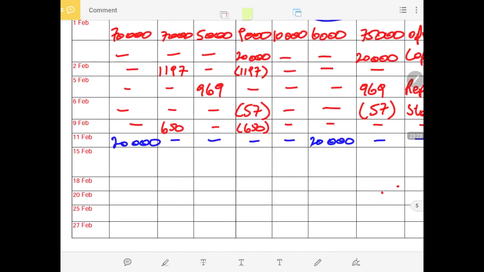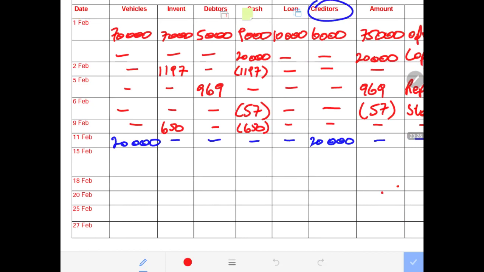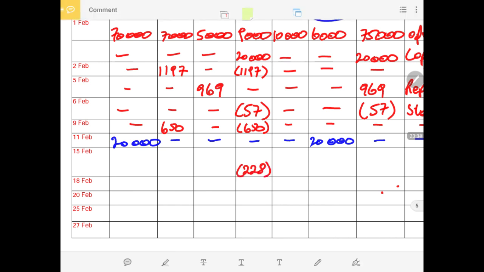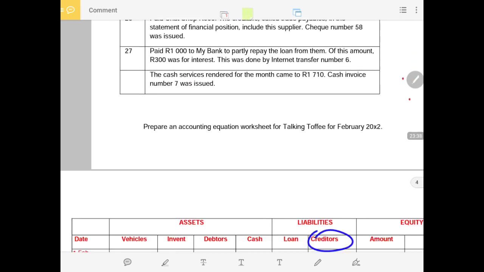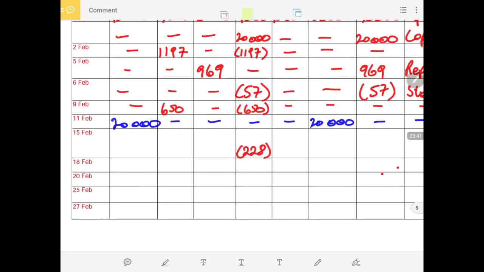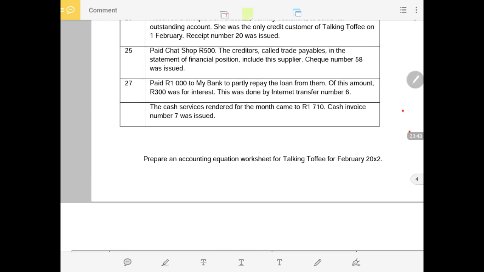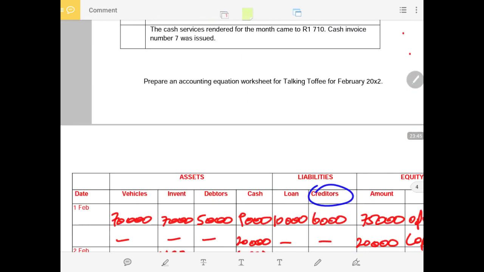Now we say that water and electricity was paid, therefore our bank account will decrease by 228. Let me confirm if the amount is 228. Yes, 228. Therefore bank will decrease by 228. Did I decrease my bank? Yes, correct.